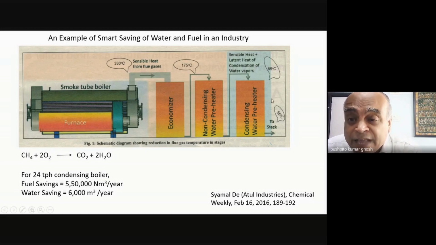Plus, I save the heat, because when it condenses, I get that latent heat of vaporization back, and so I can again generate huge amounts of heat. This is the kind of smart thinking that helps reduce water consumption.